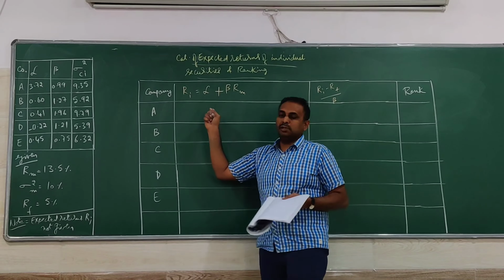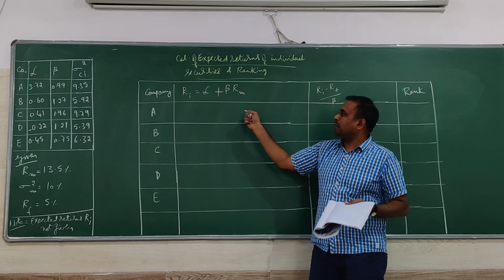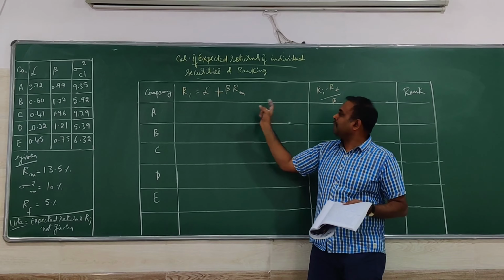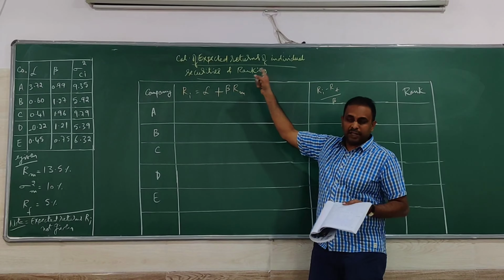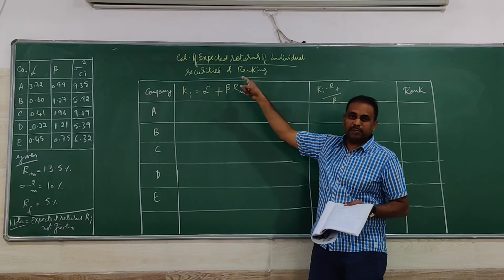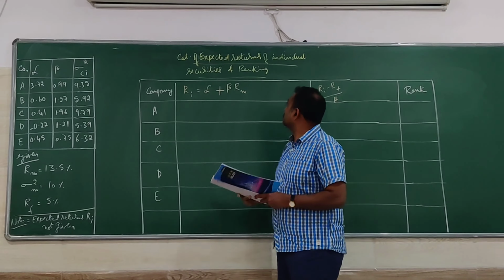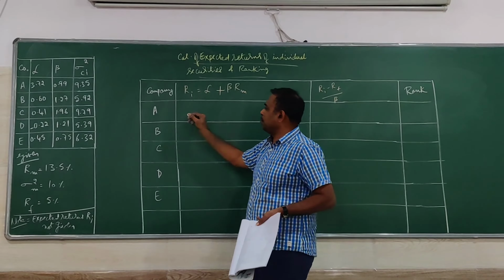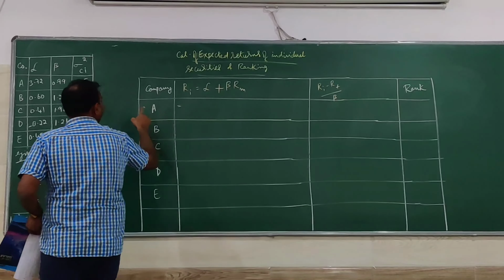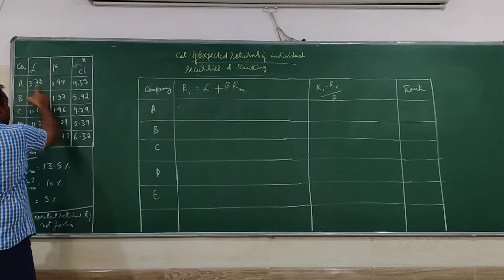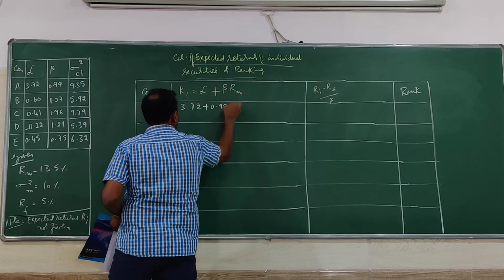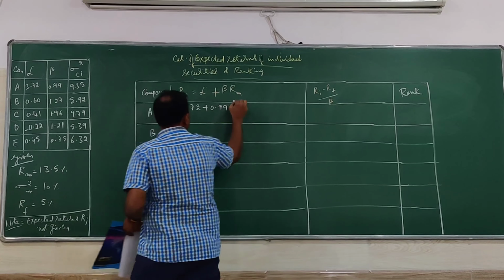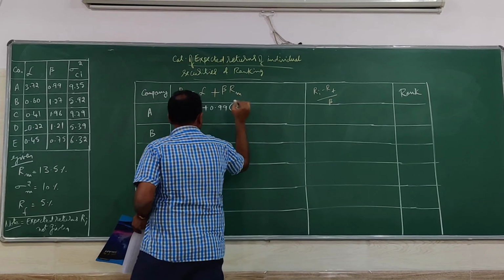First we have to use the Sharpe model for finding the RI. Then we have to go for excess return and rank the securities based on expected returns. So we have to go for substitution here. For A, I will take alpha 3.72, beta 0.99 into RM 13.5.